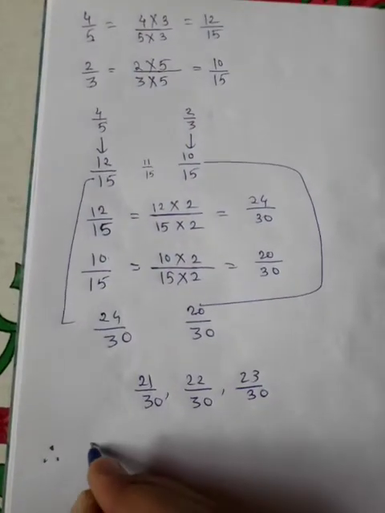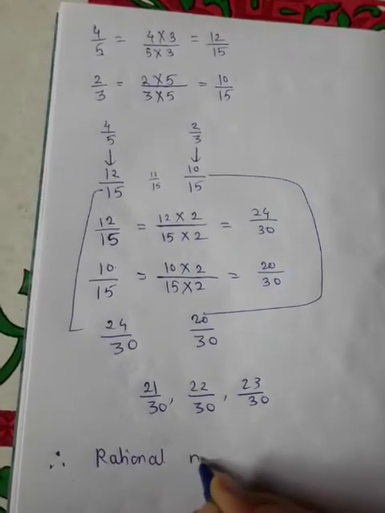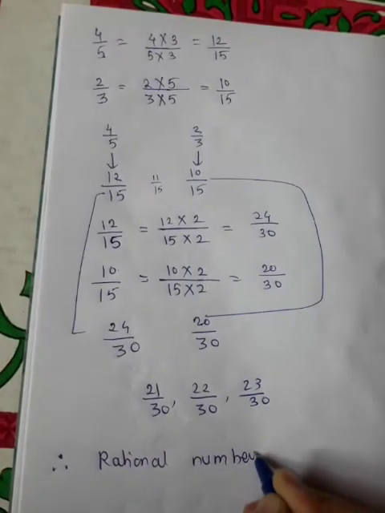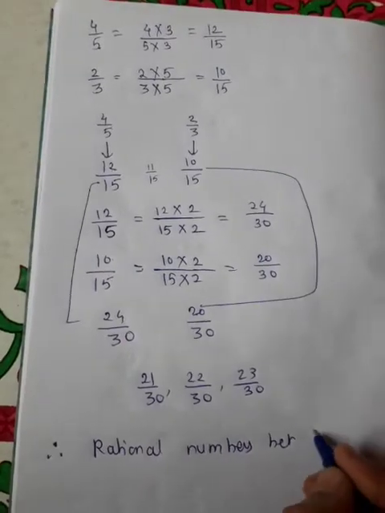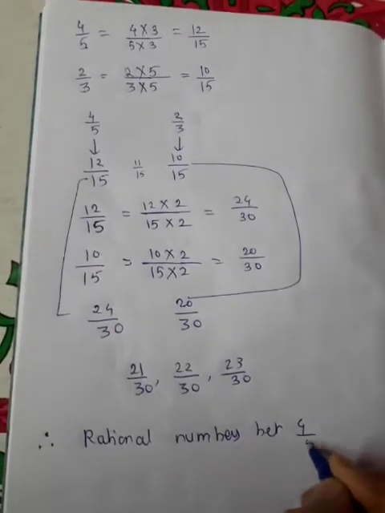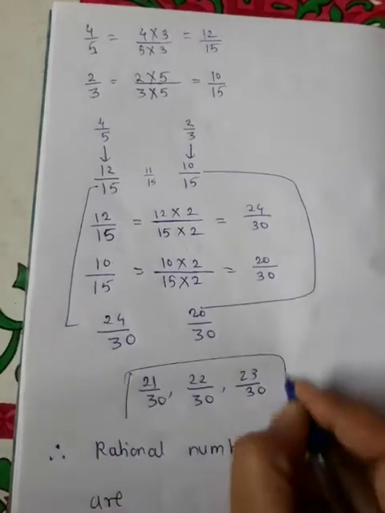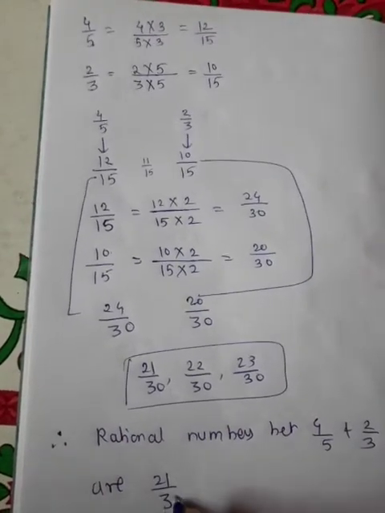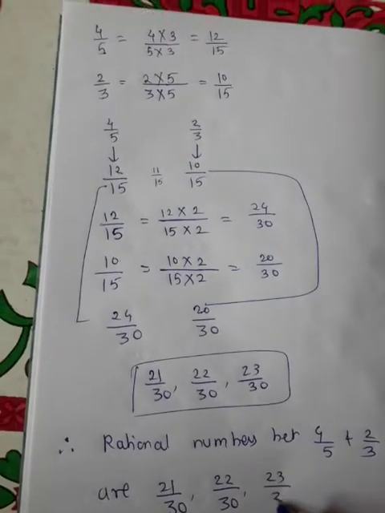Therefore the rational numbers between 4 by 5 and 2 by 3 are 21 by 30, 22 by 30, 23 by 30.